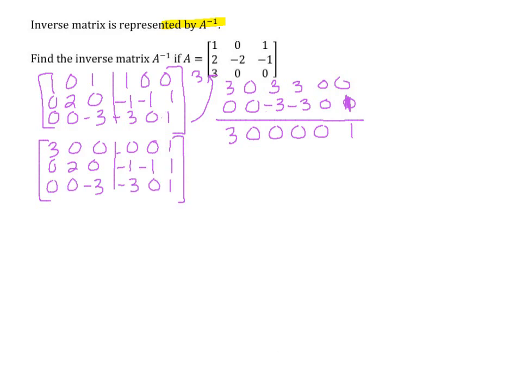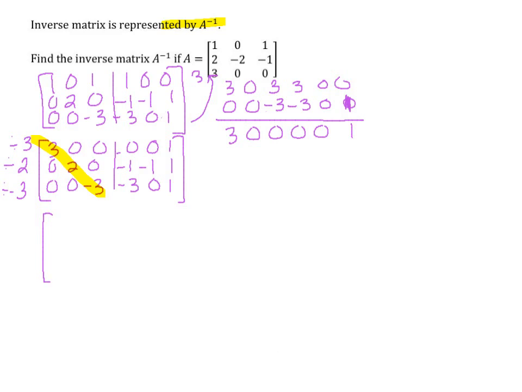Alright, now the final step, we need to get our diagonal into 1s. So I'm going to have to divide my entire top row by 3, divide my entire middle row by 2, and divide my bottom row by -3.